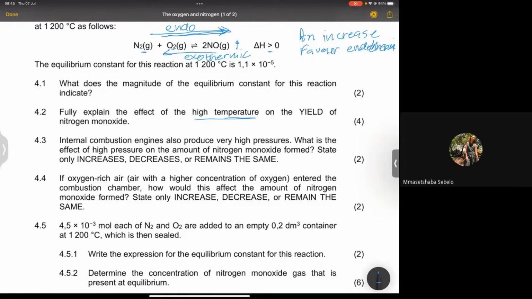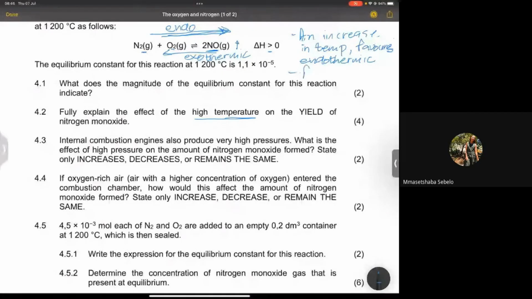An increase in temperature, sorry, I was supposed to say temperature there at the top. So an increase in temperature will favor the endothermic reaction. But what do we note in this reaction?